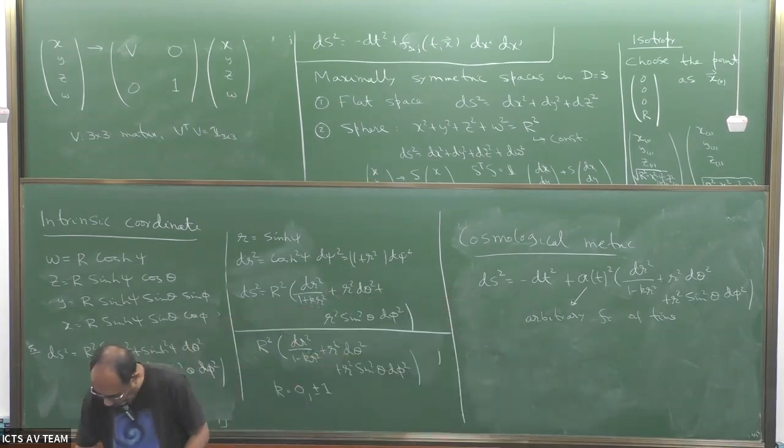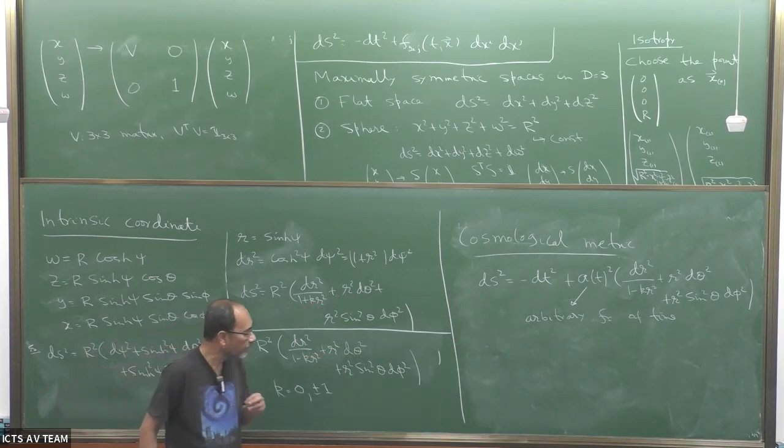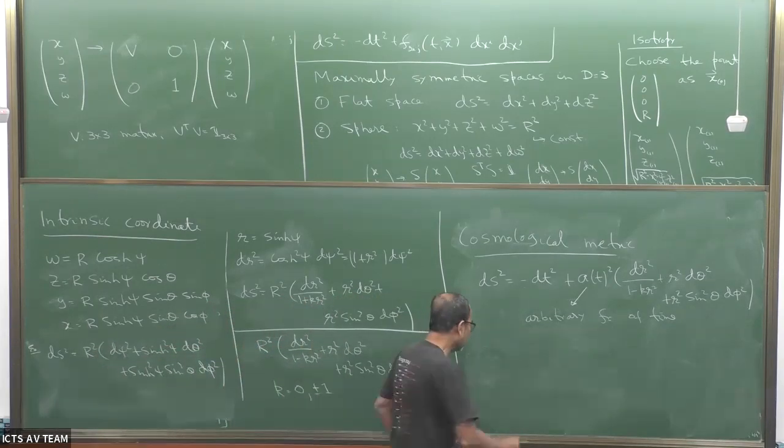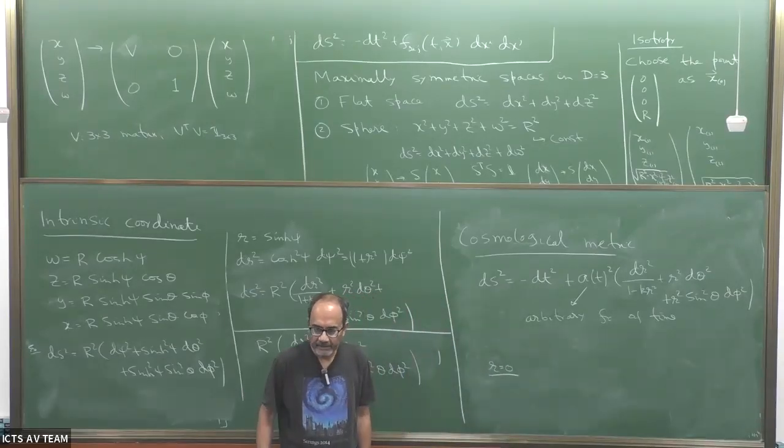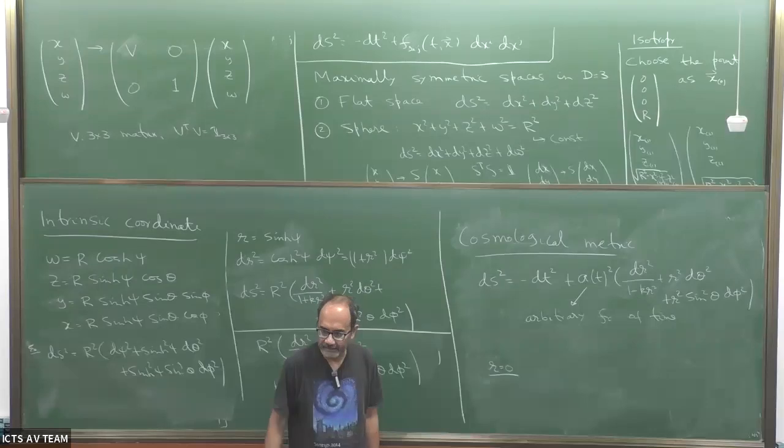Okay, now before I end, there's one intuitive picture that I want to give. Let's suppose you have r equal to 0. This is ours, right? We can always choose it because all points are equivalent. R equal to 0 is as good as any other starting point.